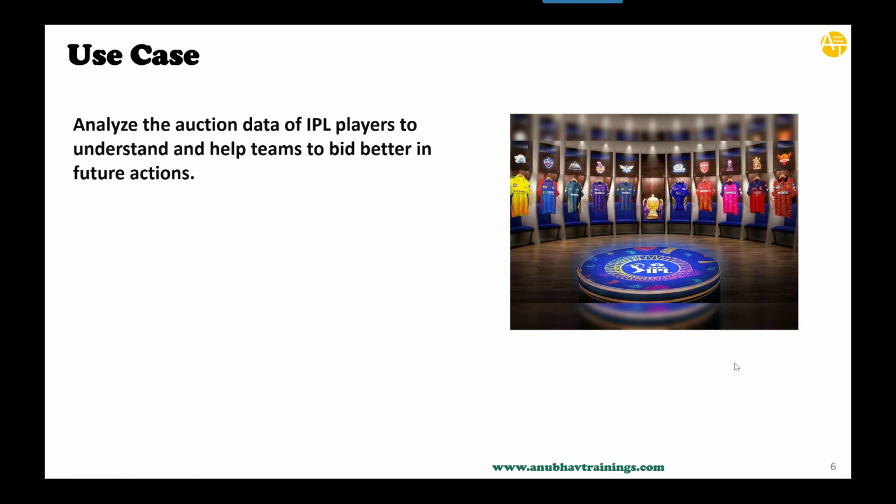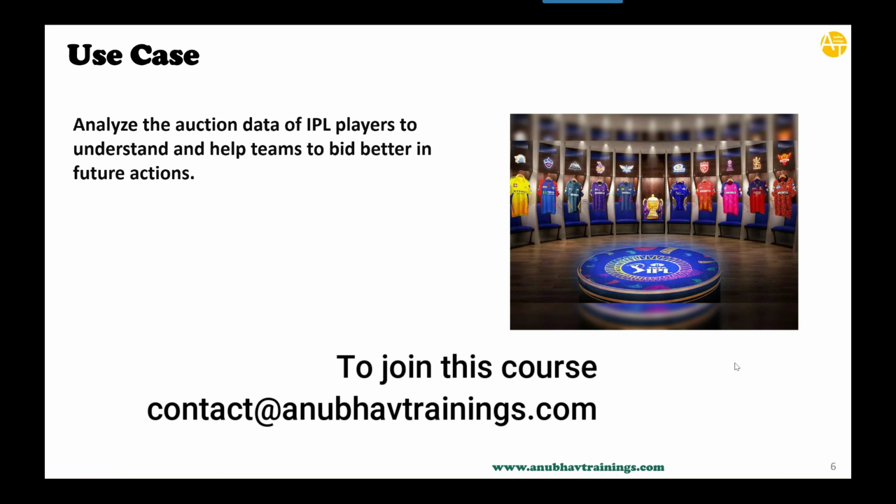Usually before the matches begin, there is an auction where all the IPL players are auctioned, and there will be franchisees who make their teams. So what we want to do today is to analyze the past historic franchisee data: which player, which team, how much was the bid, how much was the price they paid for each player.